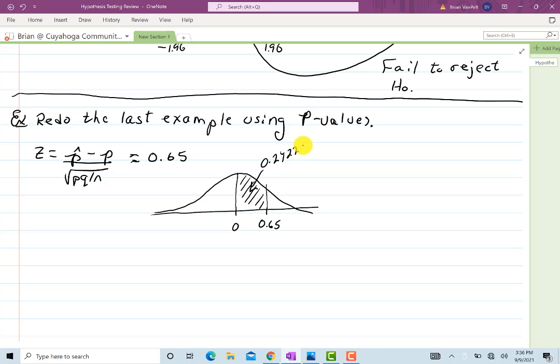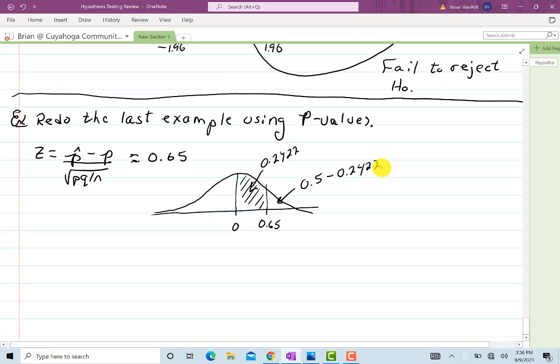To get this piece, I know I've got to take 0.5 minus 0.2422. And let's see what we get for that. I get 0.2578 for that.